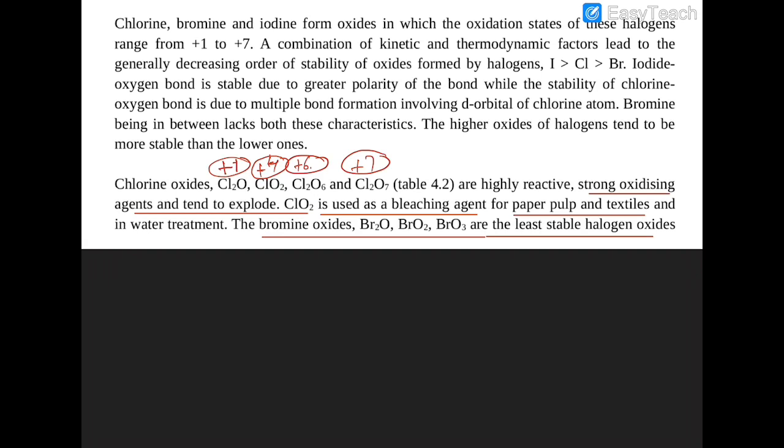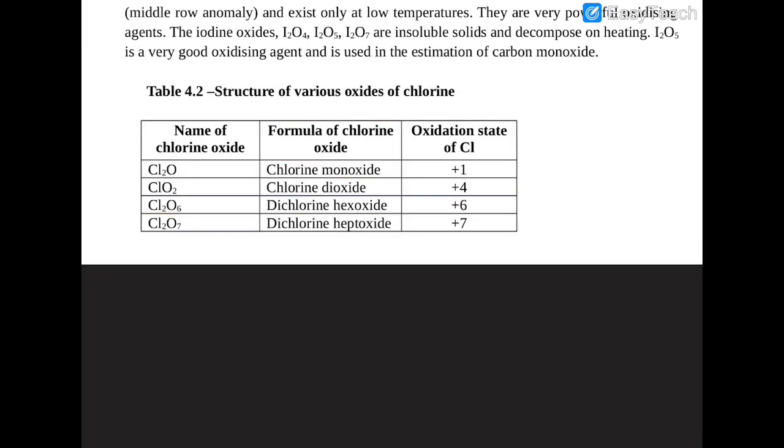But bromine is called the middle row anomaly. Anomaly means bromine is in the middle. It does not have enough ionic character as well as enough covalent character. It lacks both the characters. It exists only at low temperature. So oxides of bromine only exist at low temperature.